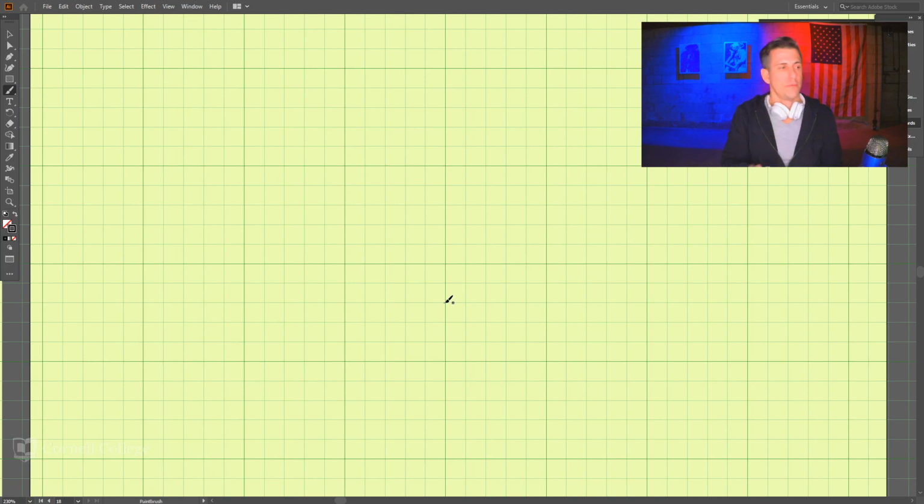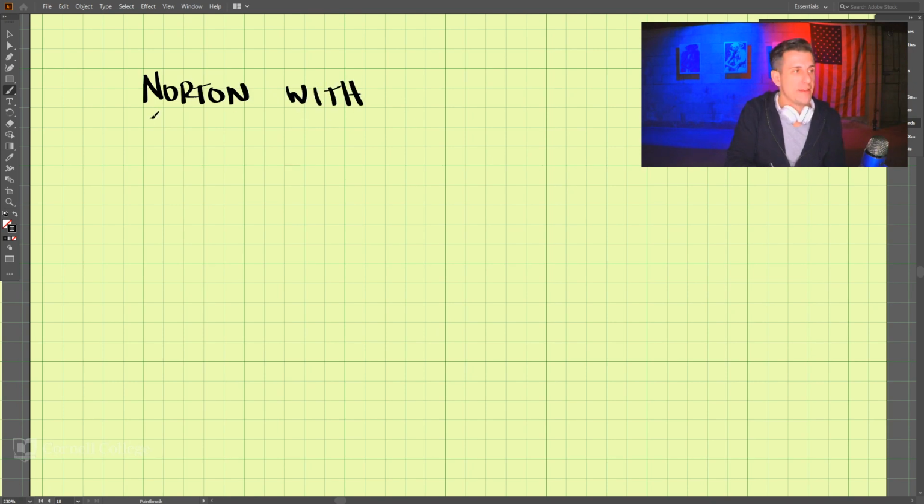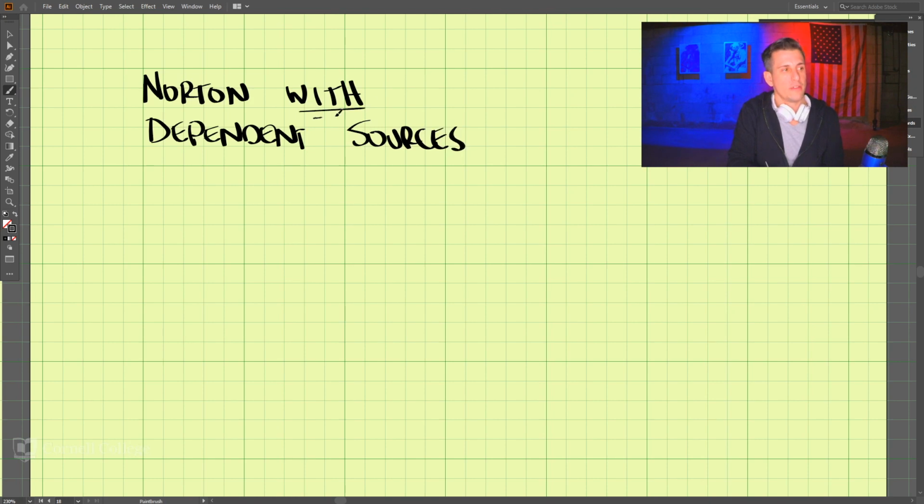So for a Norton problem with dependent sources, step 1 is very similar. Turn off independent sources.